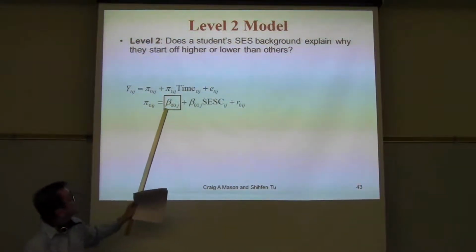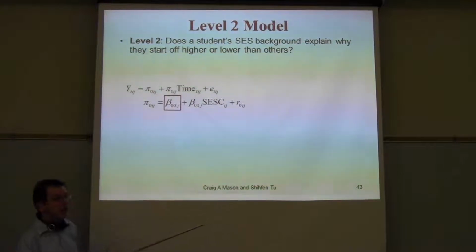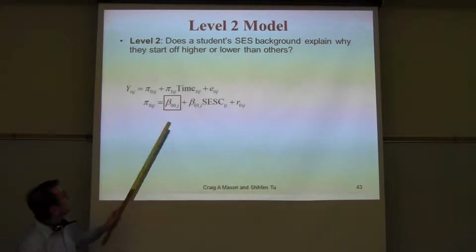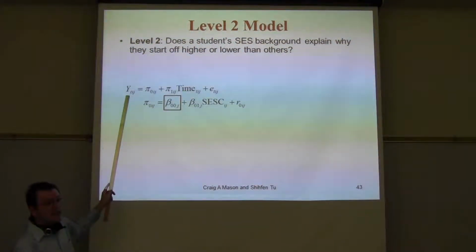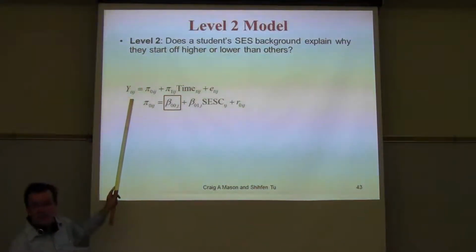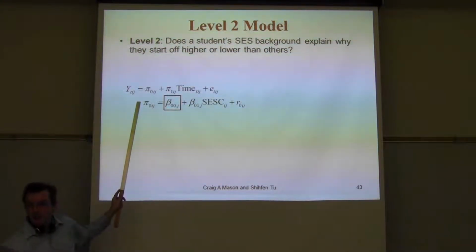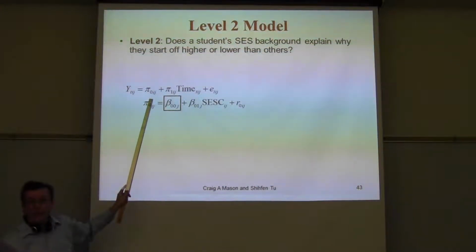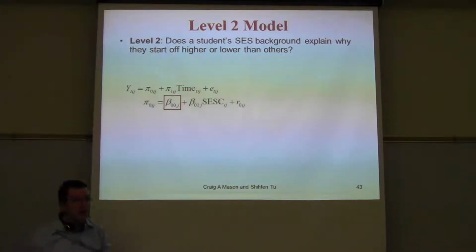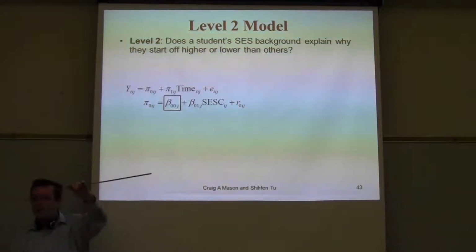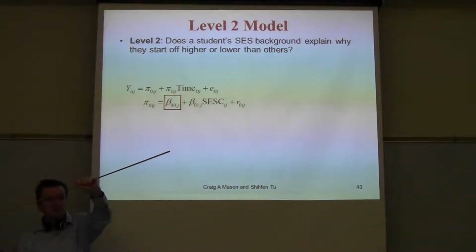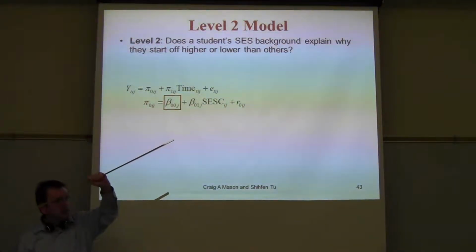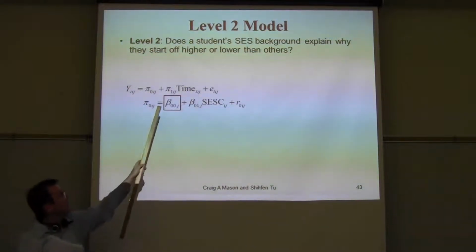Our regression equation is beta 00j. So notice we lost an i. We started off with a y sub tij, student time t for student i in school j. For each student, we calculated the intercept. Now time doesn't count anymore, the intercept is for each student: the intercept 0 for student i in school j.